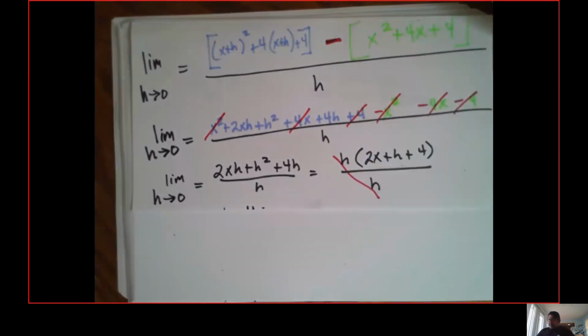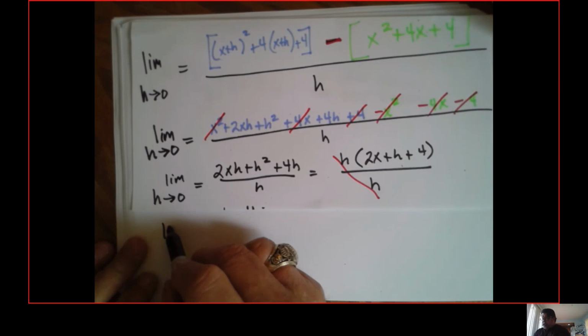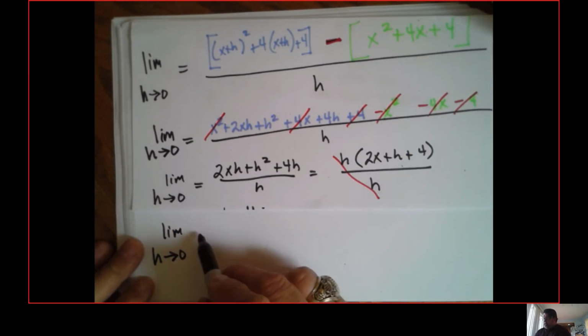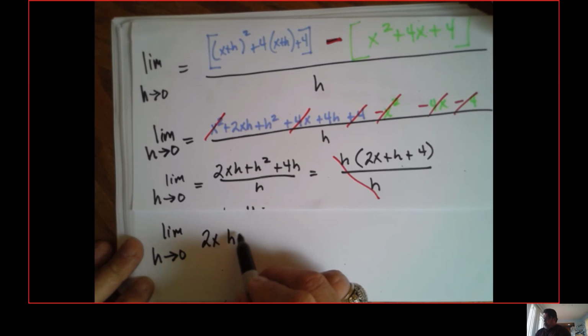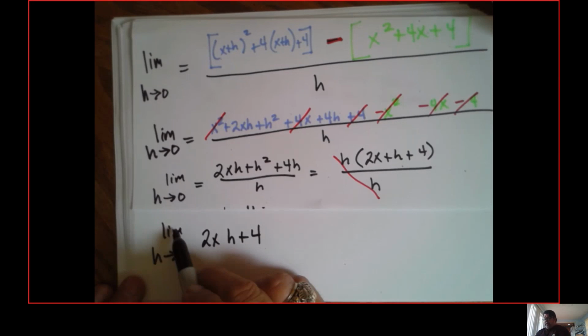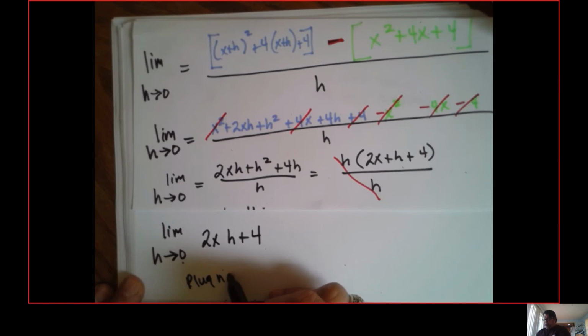Okay, so we've got the limit as h approaches 0 of 2x plus h plus 4. And here is where Chapter 2 comes in. What do we do when we have a limit and we have h approaching a number? We plug and what? Plug and chug.